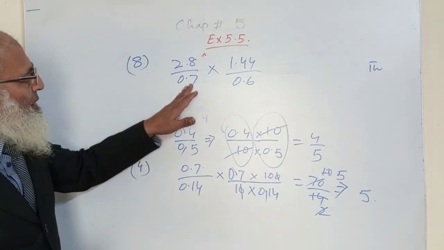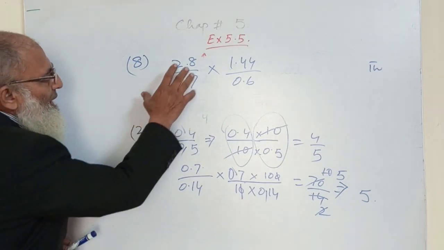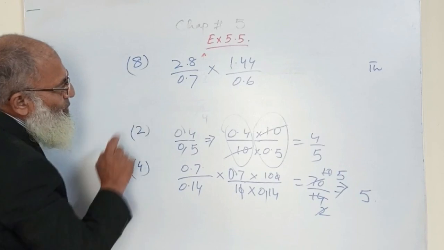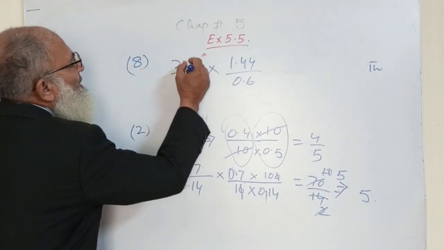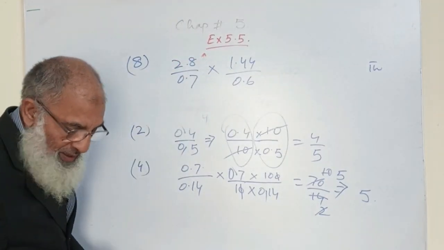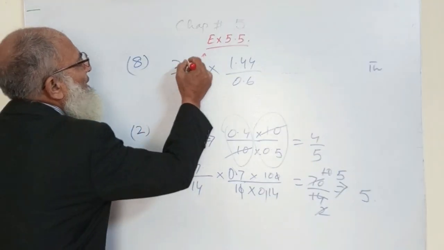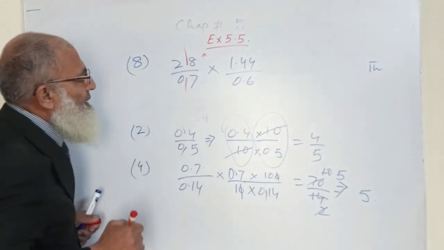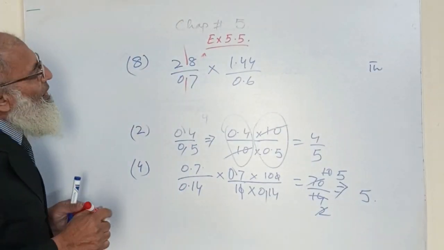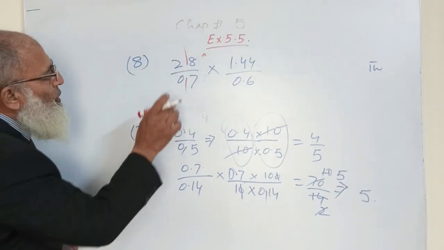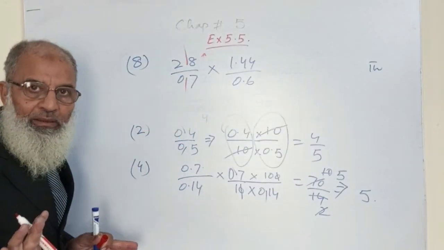Now you see that in these two fractions, you can simply skip this decimal like this. Now this decimal has been removed because the decimals are at the same places.